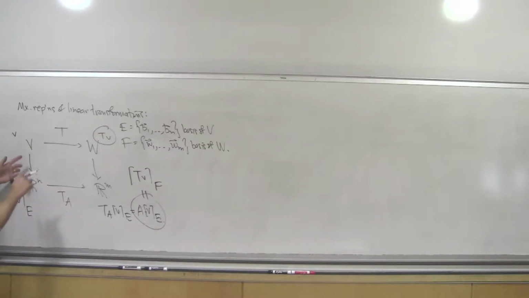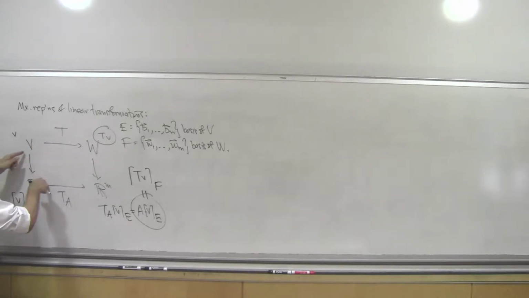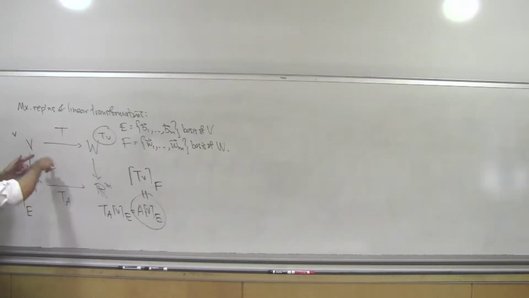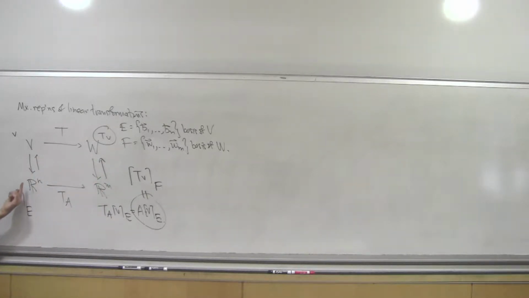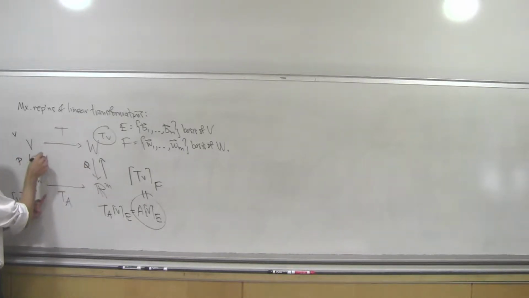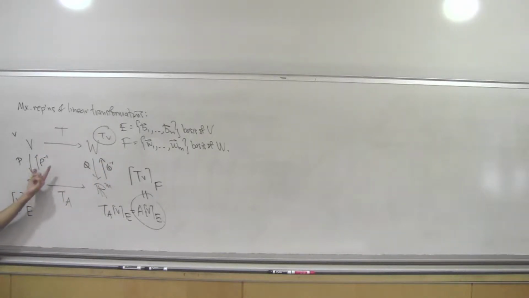Just to make one thing clear, remember these maps are isomorphisms, so they can go backwards. What we call P and Q, actually there's a P inverse and a Q inverse, because these are one-to-one onto maps, so they can go backwards.